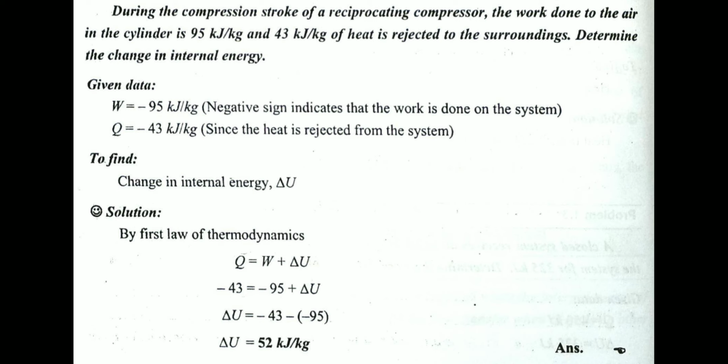Heat output means the negative sign, so it is minus 43 kilojoule per kilogram. Determine the change in internal energy. Here also we can make use of the first law of thermodynamics relation, Q is equal to W plus delta U. Then we substitute the values of Q and W, and we get the value of delta U as 52 kilojoule per kilogram.